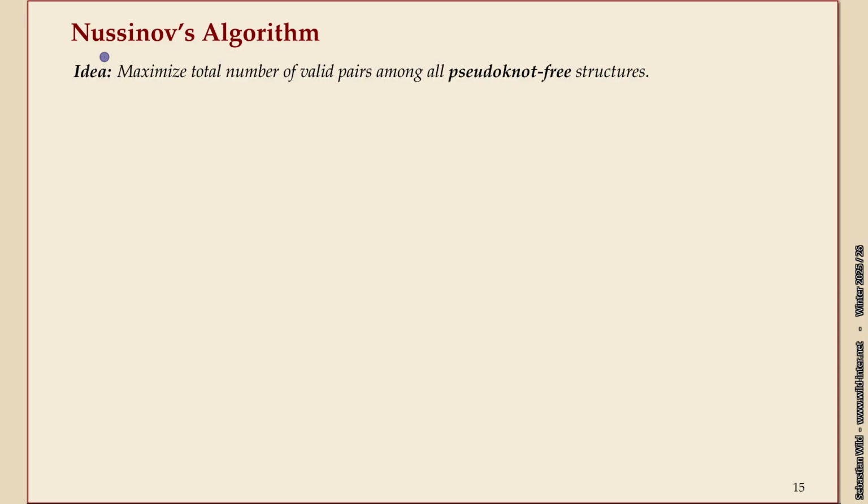Funnily enough, the first algorithm that was somewhat useful for RNA structure prediction, Nussinov's algorithm, did what I originally said is useless, namely it just maximizes the number of pairs. But it maximizes the number of pairs in pseudoknot-free structures, so these outer planar graphs.